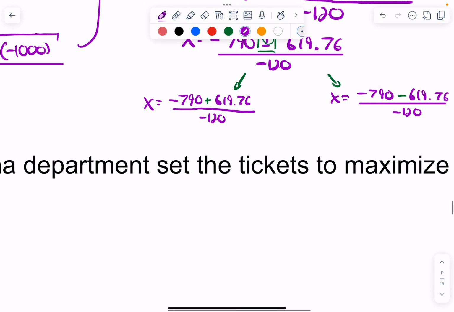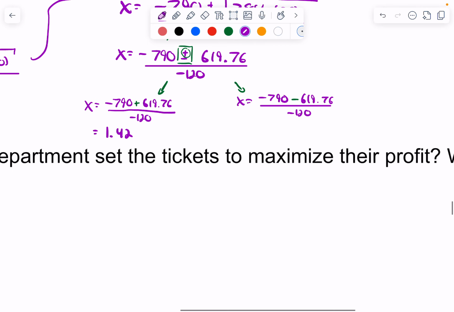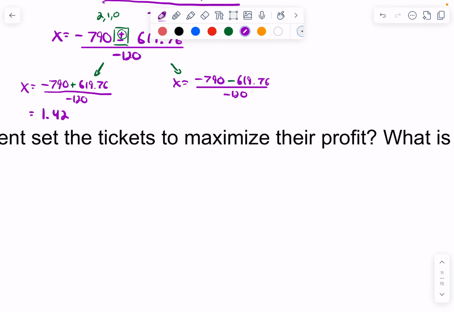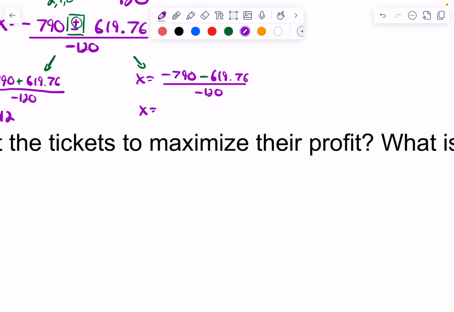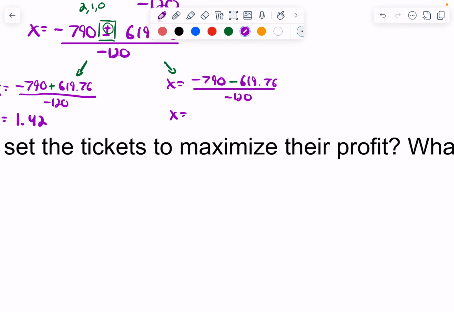So use your calculator. In this first one over here, minus 790 plus 619.76, divide that by negative 120, you're going to get 1.42. And then over here, x equals minus 790 minus 619.76.